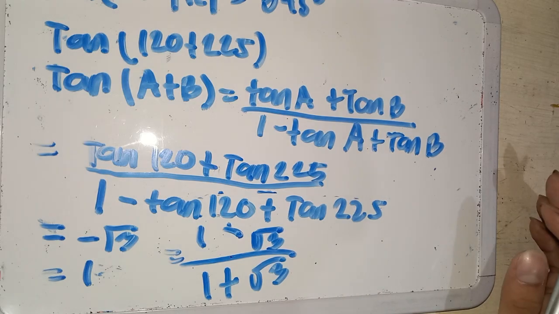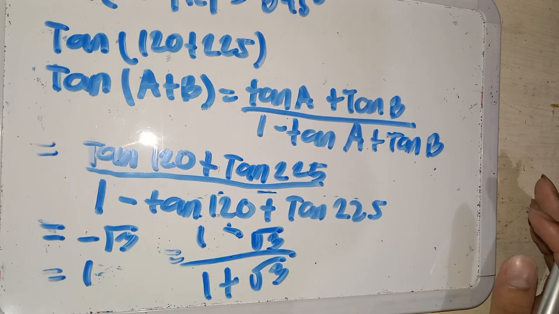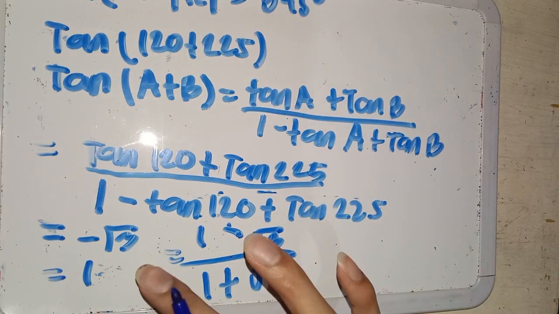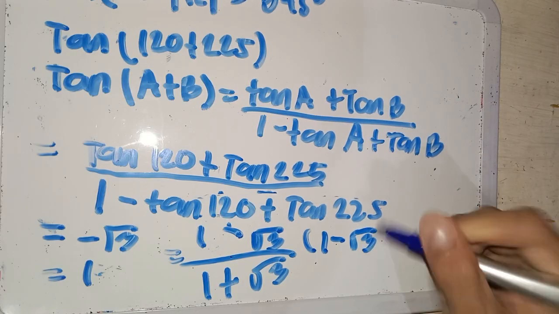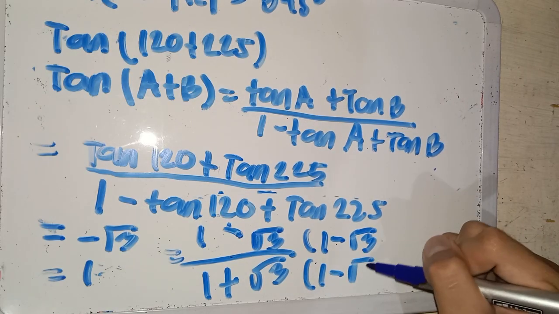So we need to multiply the top and bottom by the conjugate of the denominator, which is 1 minus root 3.